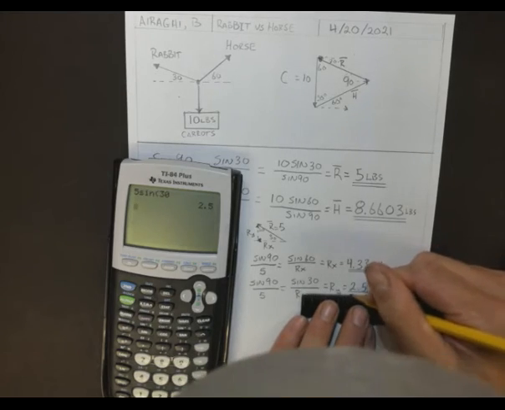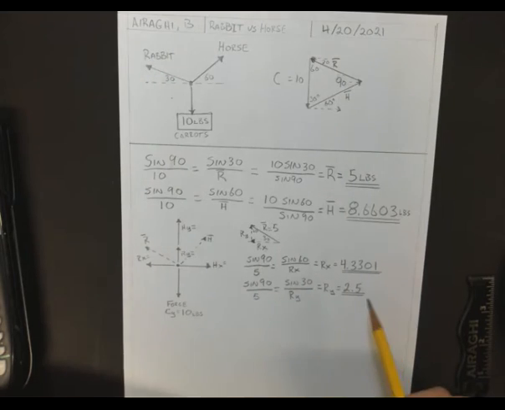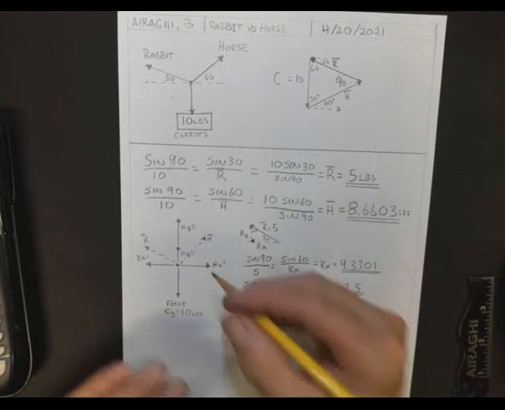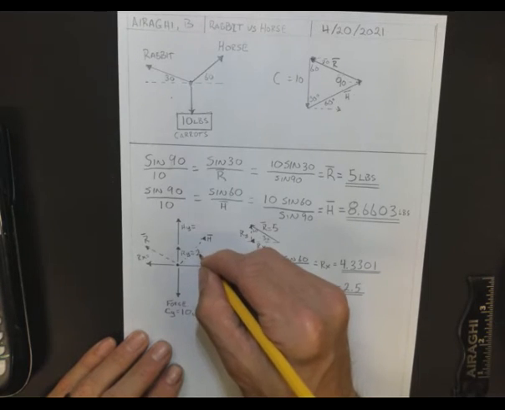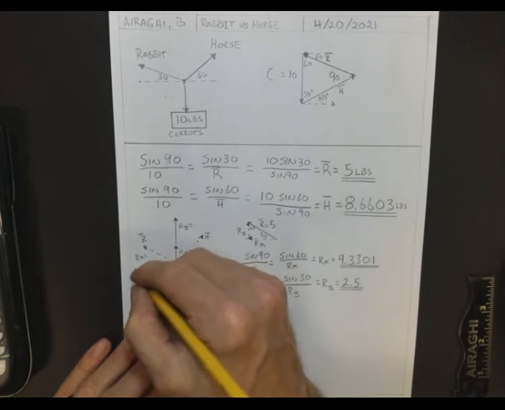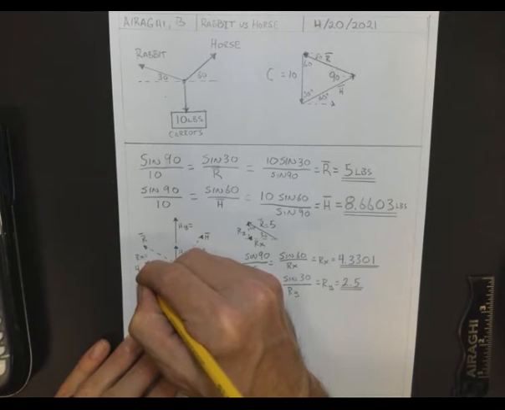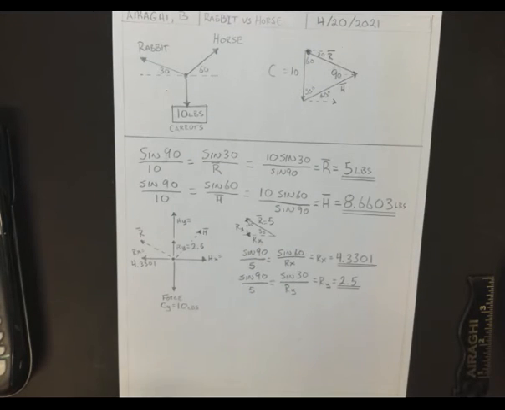So here is what's important, and this is what I want you to understand. Ry is 2.5, Rx is 4.3301. Technically, you don't have to do any other math.